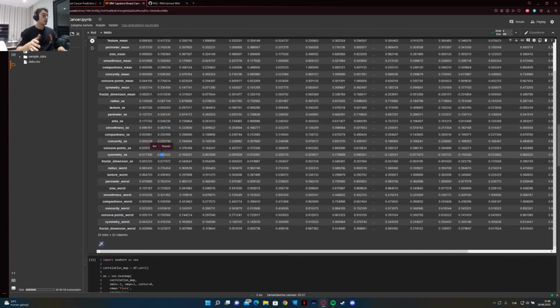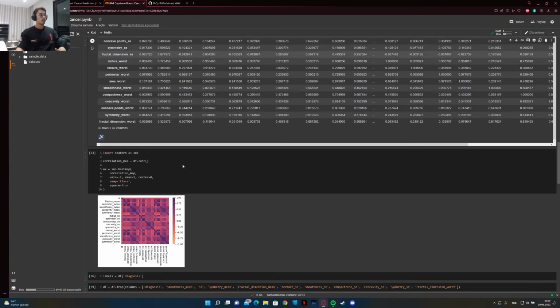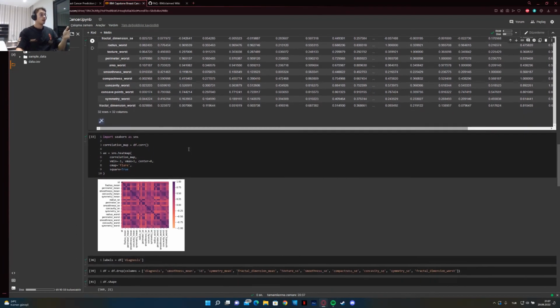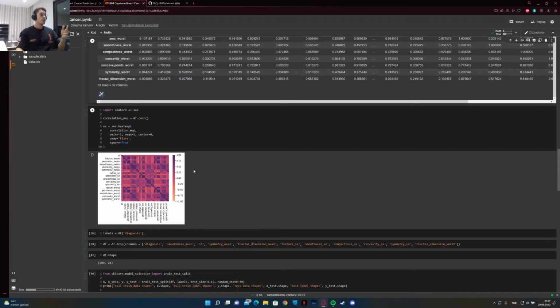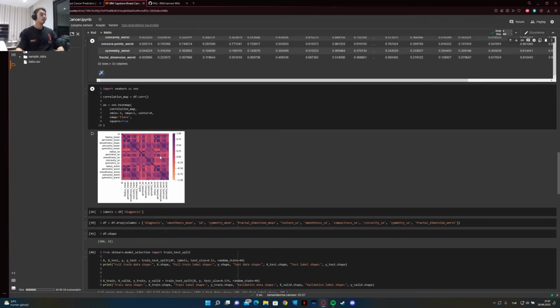It goes like that. All the negative values were already unrelated with the diagnosis. After the correlation table, I simply drew a heat map of the correlation. You can see how they are correlated. It goes from -1 to 1.